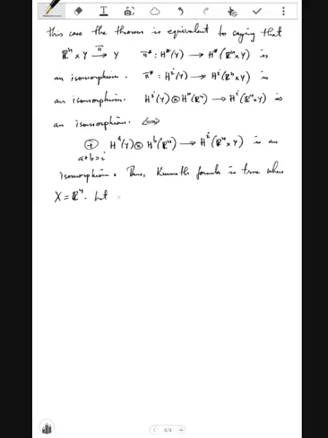So let us assume that it is true when X has a finite good cover of size less than or equal to p.